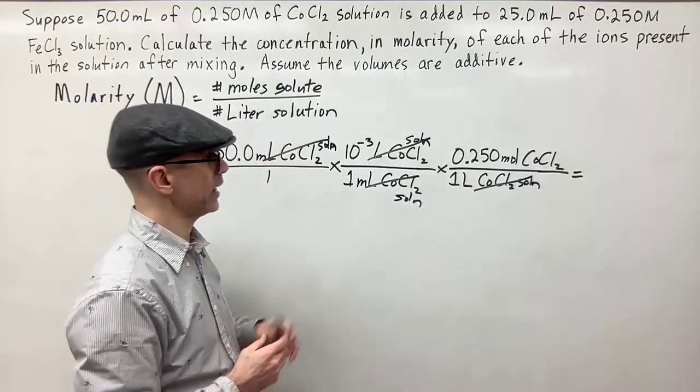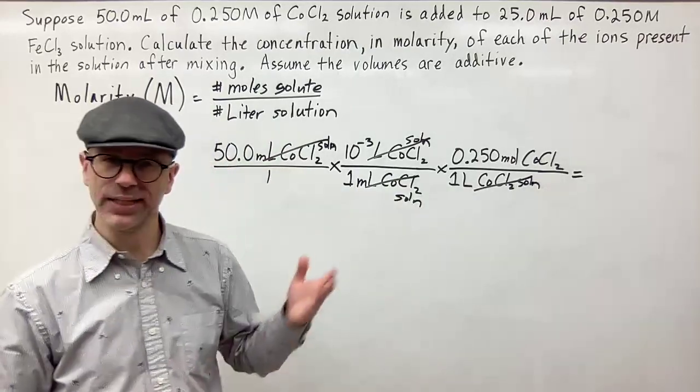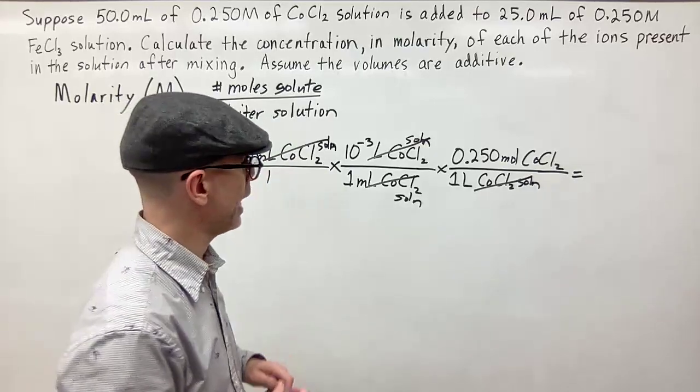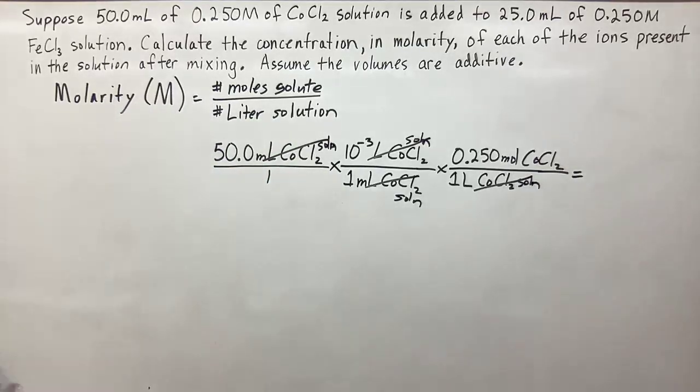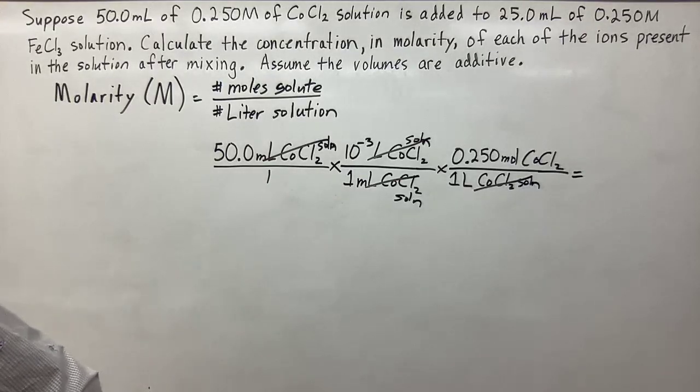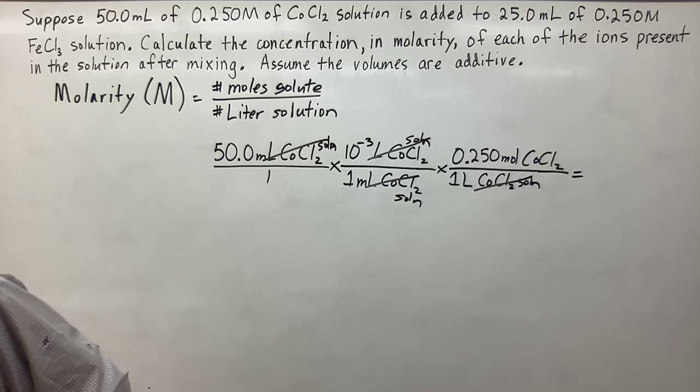So let's go ahead and do the chloride ions first. I know I said cobalt, but I changed my mind. We're going to do chloride ions. And so when I calculate this, I get, let's see, 0.0125.